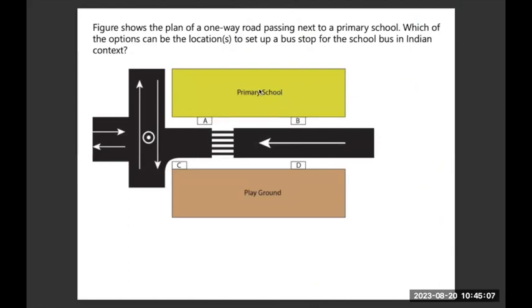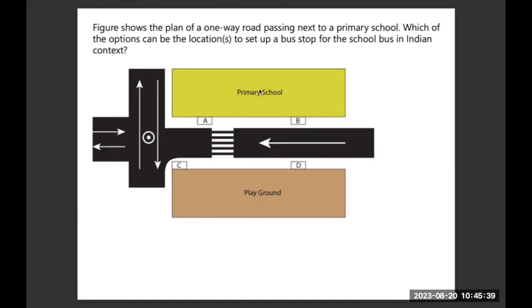So here you are given a plan diagram, and in that plan diagram you are shown a primary school location, a playground, and a road and the direction in which the traffic is moving in the road. It's an Indian context, please remember.